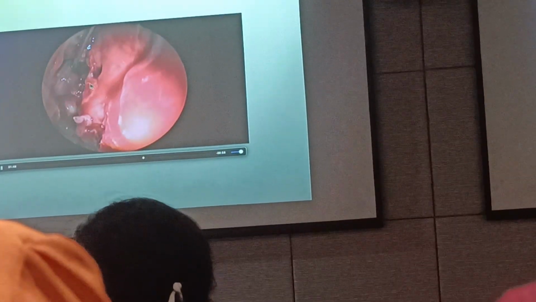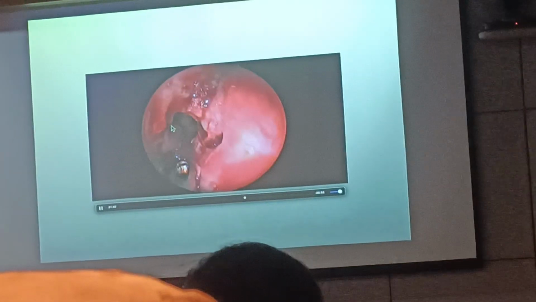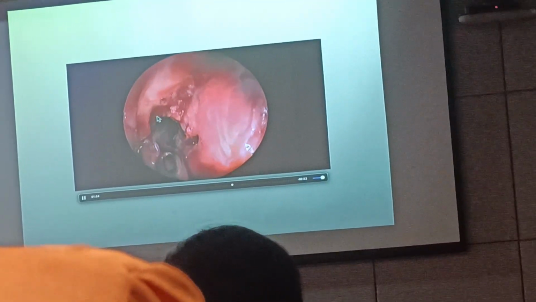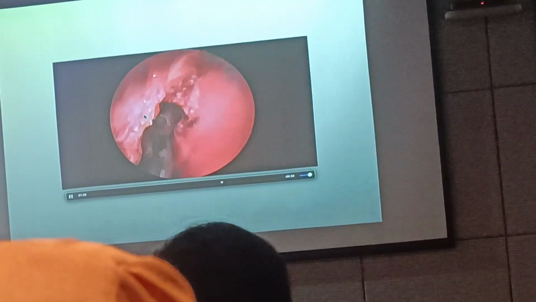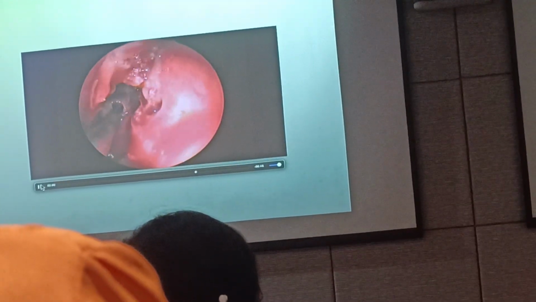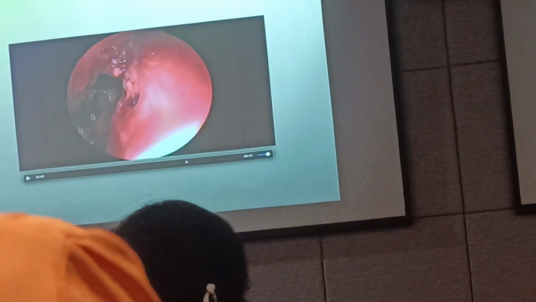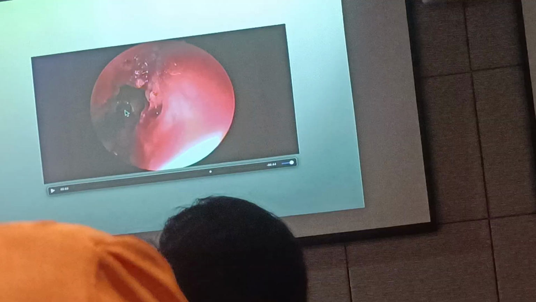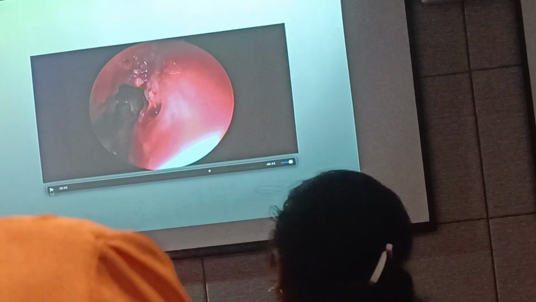Then you probe in that area, and you'll find there's a partition. When you remove that partition, you will see another cell which looks exactly like the frontal sinus. There's a septum between it, and that's the supraorbital cell.